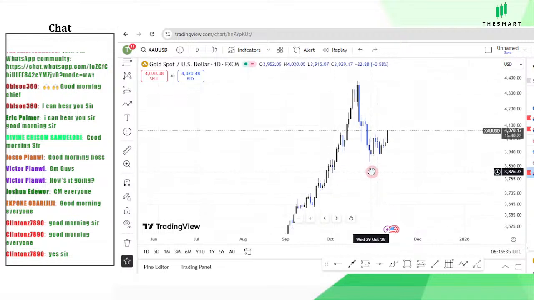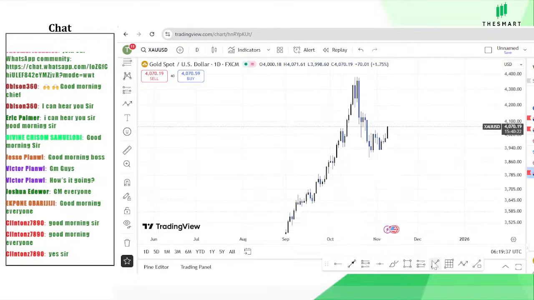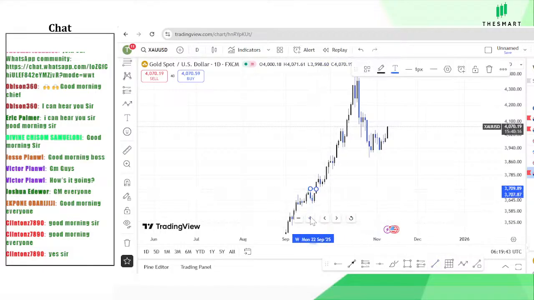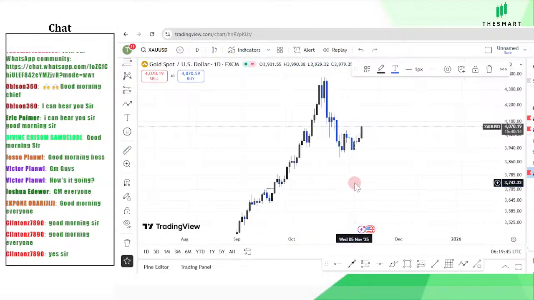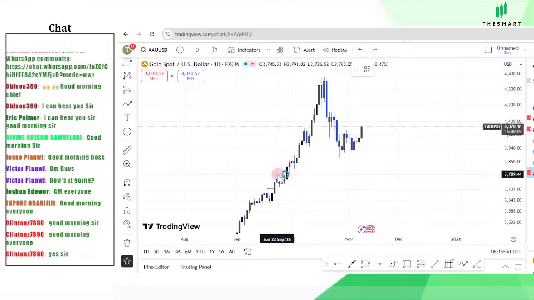So if we look at gold from the daily, we can see we have this break of structure here. Gold has actually been pushing to the upside massively. We have this one at that level.